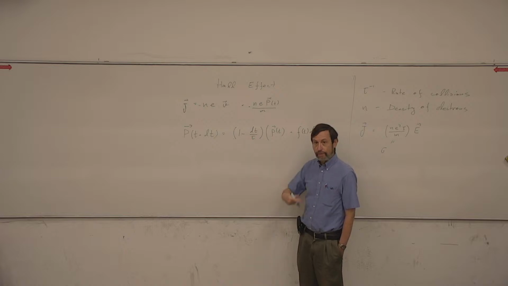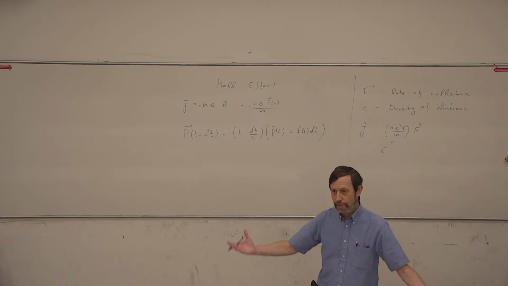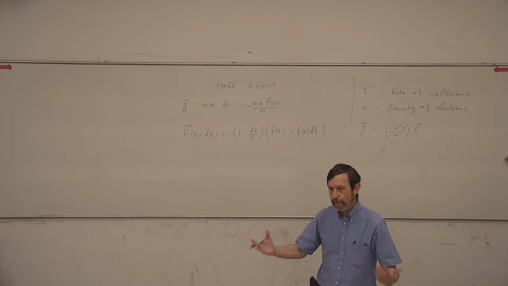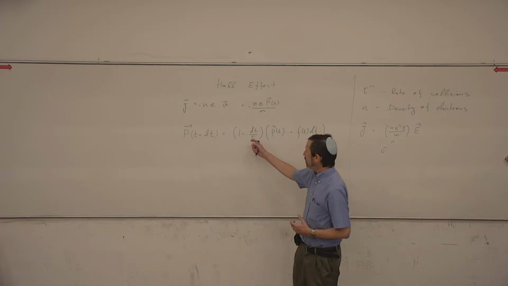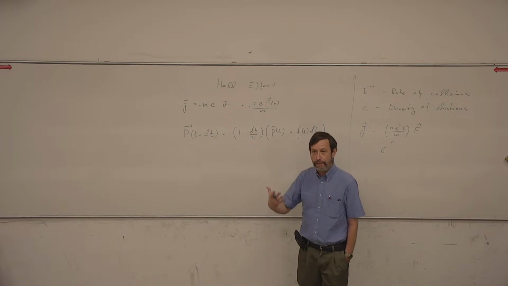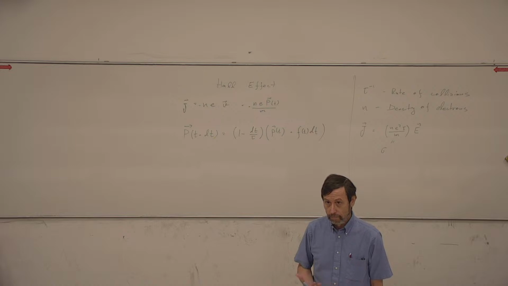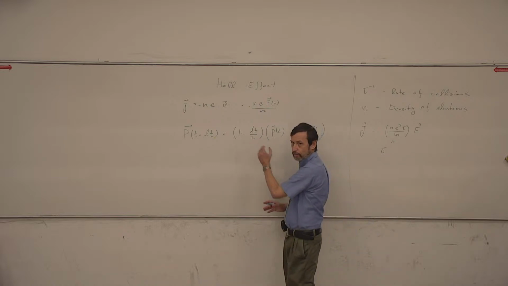Well, if we have collisions, and we said that the collision just sets on average the value of momentum or velocity to 0, it tells me that at each time dt, proportional to the time of collisions, I lose part of my electrons that were at P(t). Okay, so that's the meaning of this term.